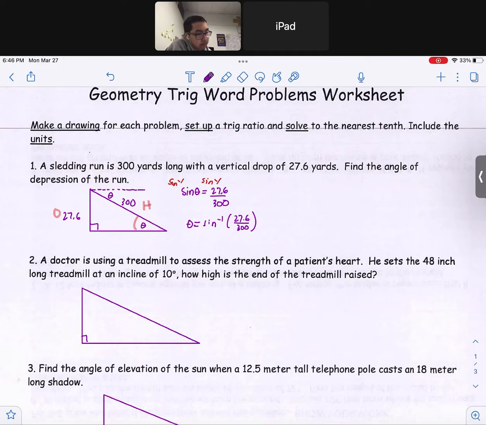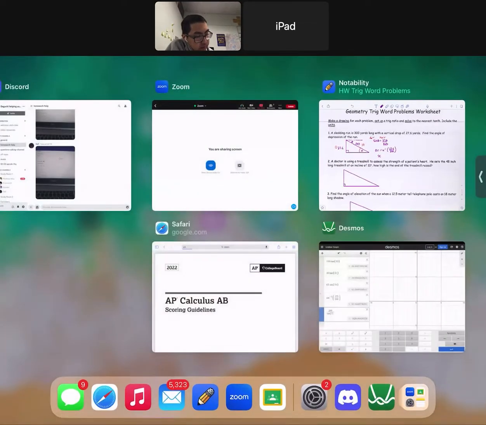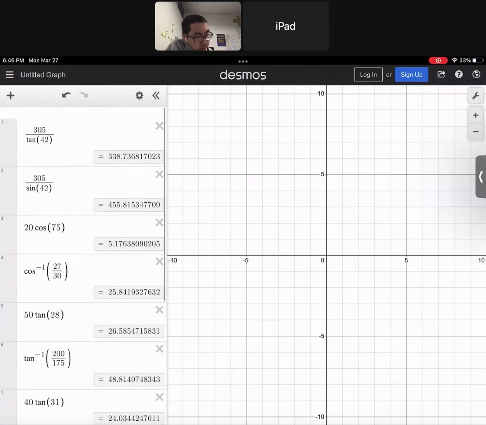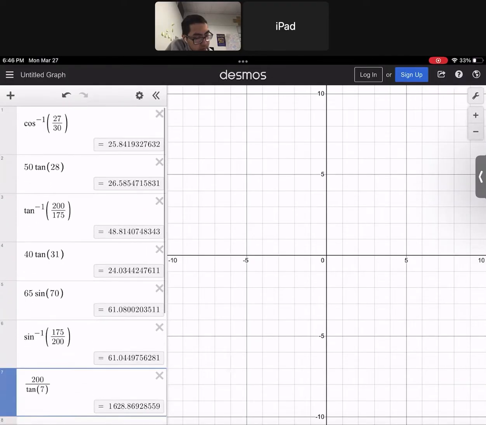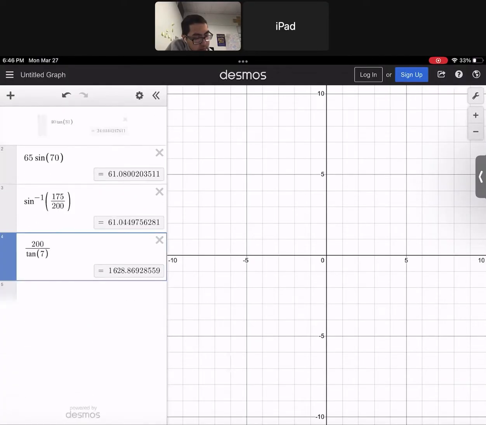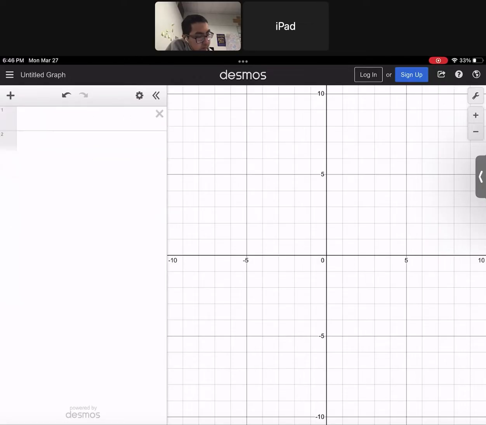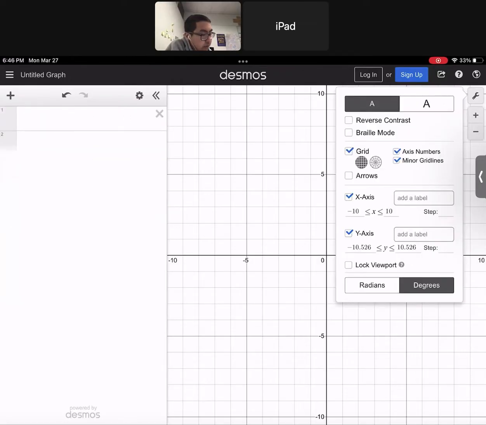If we put that into our calculator, just remember, when you put this in the calculator, you have to make sure that you are in degrees. So you do have to go to the top right hand corner and make sure this is set to degrees.